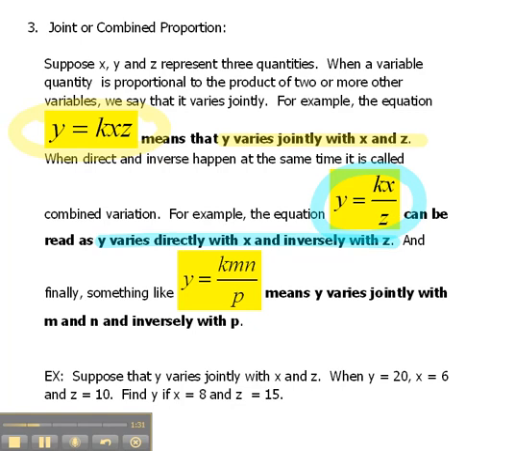Now, we could even put more of them together than that. If it says y varies jointly with m and n, then that means that we are multiplying m and n, and inversely with p, then that's a division of p. So that would look something like this. So you can put all of these together in multitudes of ways.